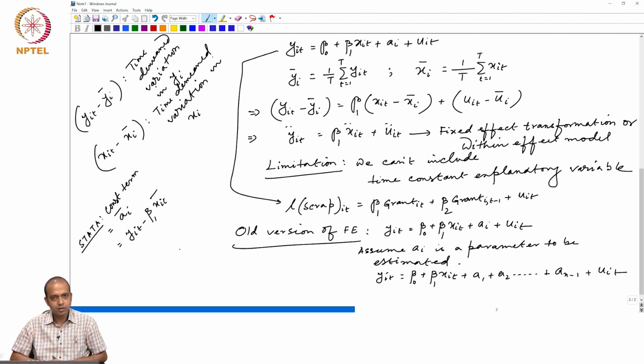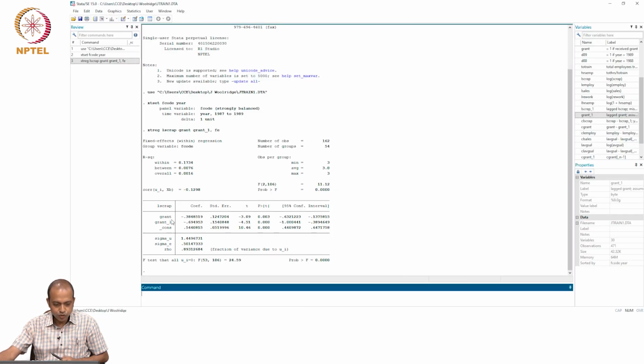Okay. Is that fine? So, now if you go back, you see that this constant is nothing but A_i bar, the average value of the intercept. When we estimate, we will get several values of this coefficient: a1, a2, up to a_(n-1). If we take the average of all these, that is nothing but our A_i bar.